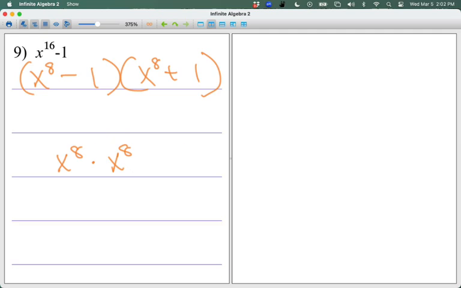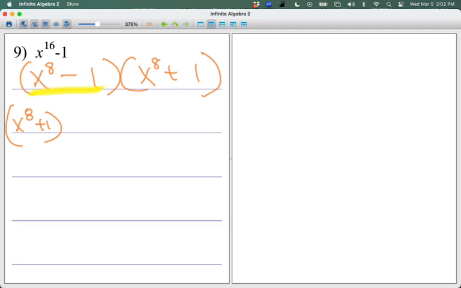The wonderful thing is this one right here is a difference of squares and can be split. So I'm going to write this one right over here. And we're going to have x to the 8th plus 1. It cannot be factored, but the one in yellow can.